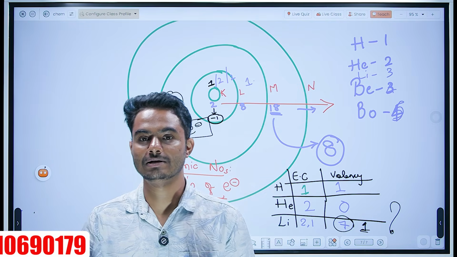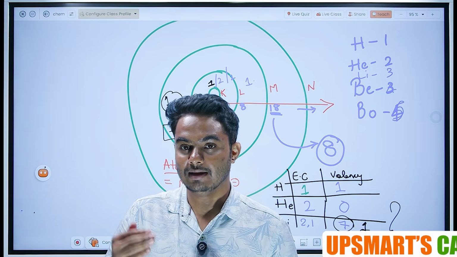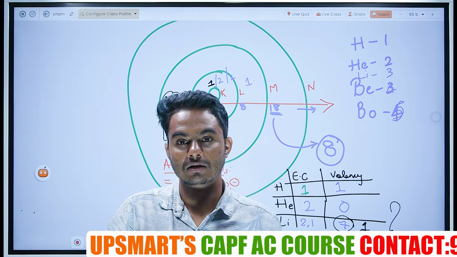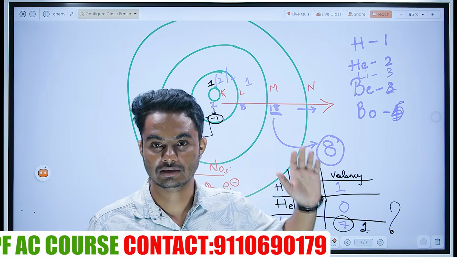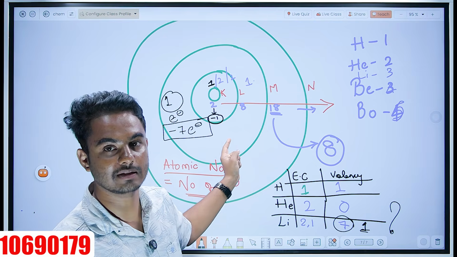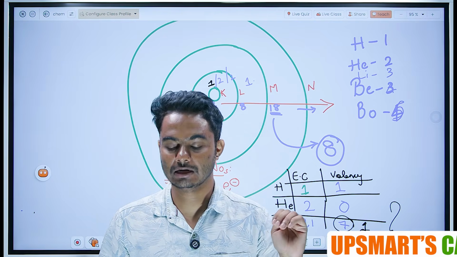Now, how elements or atoms behave is that they will either lose electrons or gain electrons. They will try to get their shells into a stable nature. That is, it will either maintain the second shell with 0 electrons or with a complete 8 electrons.